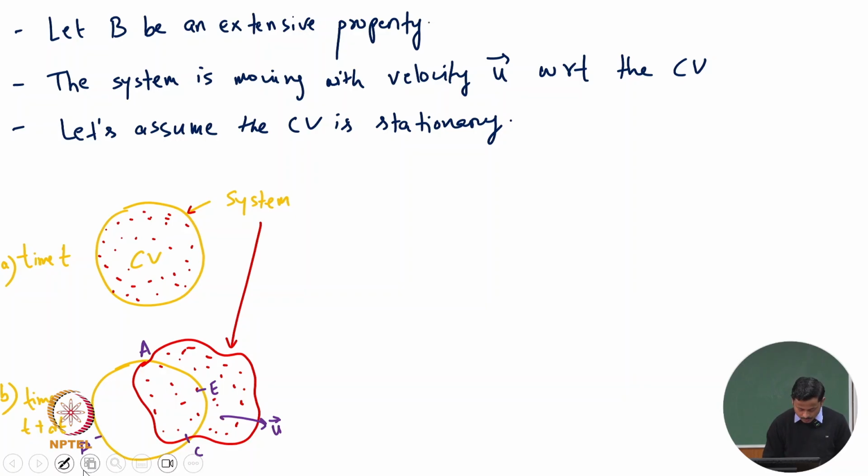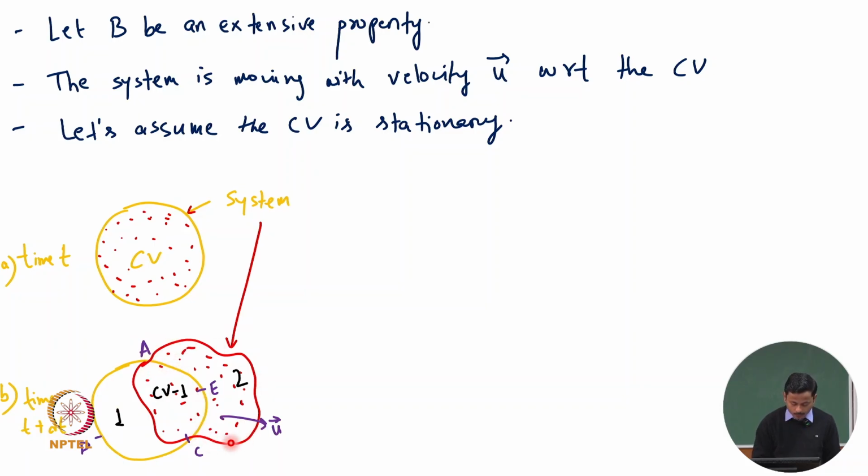So let us mark this region as 1, this region as 2, and this region as CV minus 1. 2 is the region which is outside the control volume and is bounded by the points A and C. So this is bounded by this region.